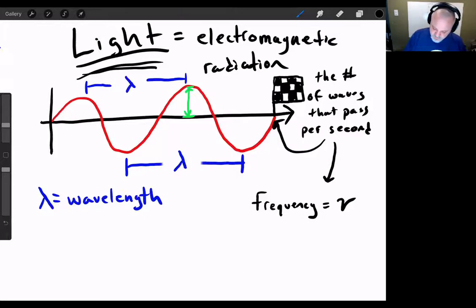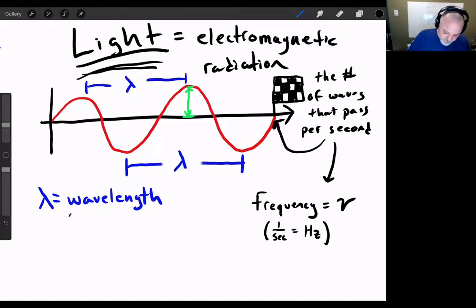I said it's how many pass per second. So the units for frequency are 1/second, or we also use the phrase hertz. A hertz is the unit of 1/second.